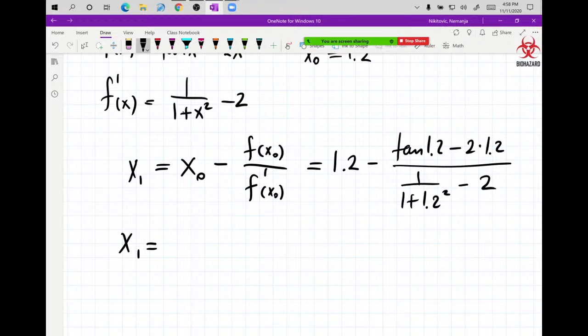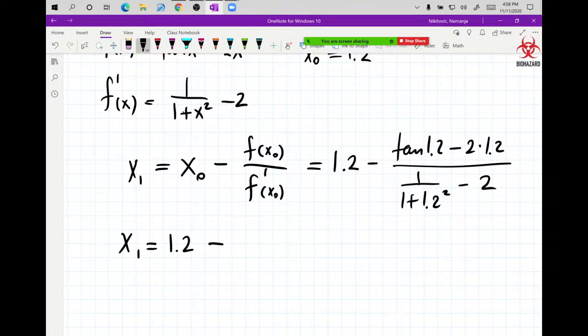So how much is your x1? Well, it's 1.2 minus, now you change your calculator to radians. Your calculator should be in radians if you're not doing engineering anyway, right? Because all math is done in radians.